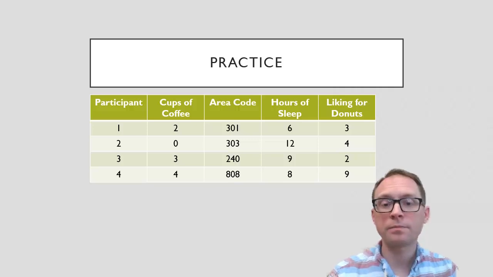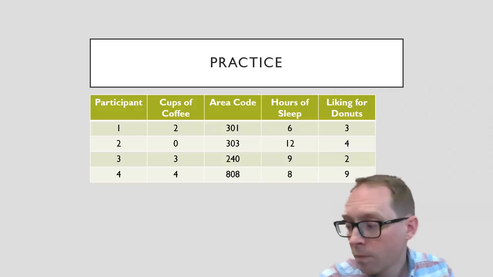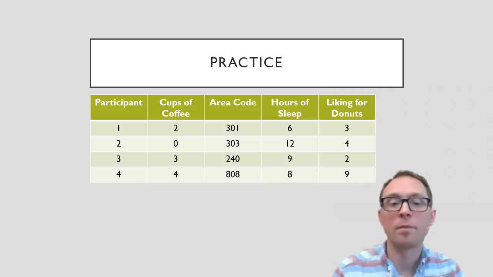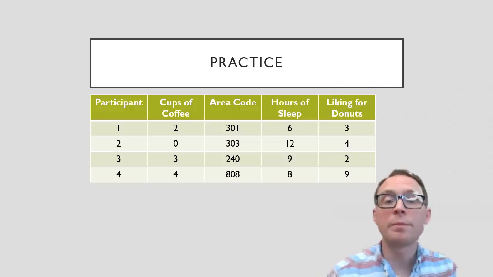Okay. Which one of these is our ratio? The number of cups of coffee and the hours of sleep are both ratio. Now we're assuming in this case that the number of cups of coffee is equal.